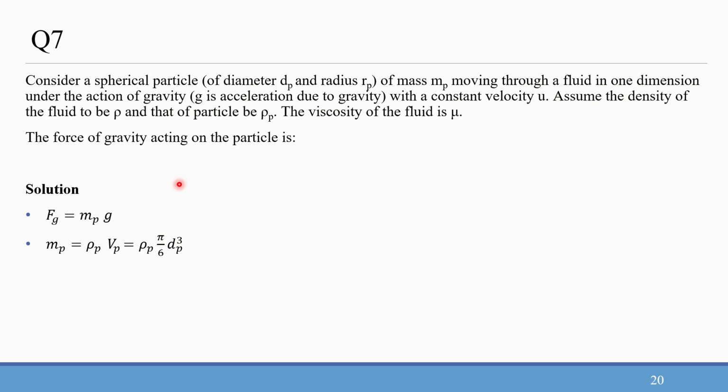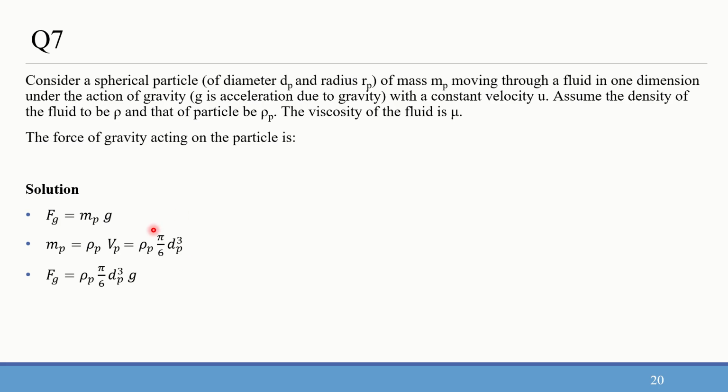If we need to write it in terms of the diameter of the particle, the mass of the particle is equal to density into volume. So rho p into vp gives us mp. Rho p is fixed, and since it is a spherical particle, its volume is pi by 6 dp cube. So mp is equal to rho p into pi by 6 dp cube.